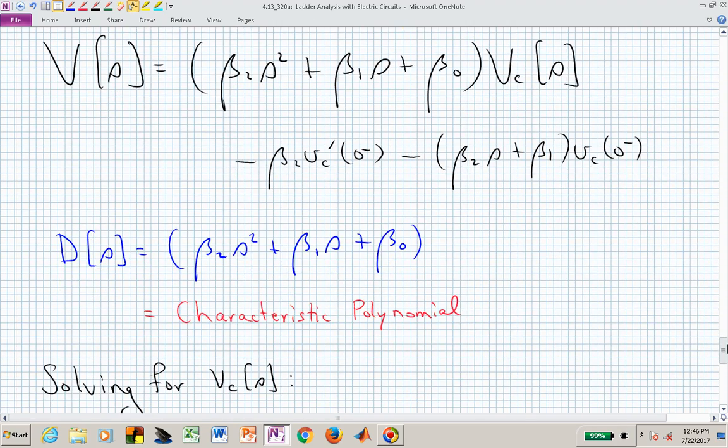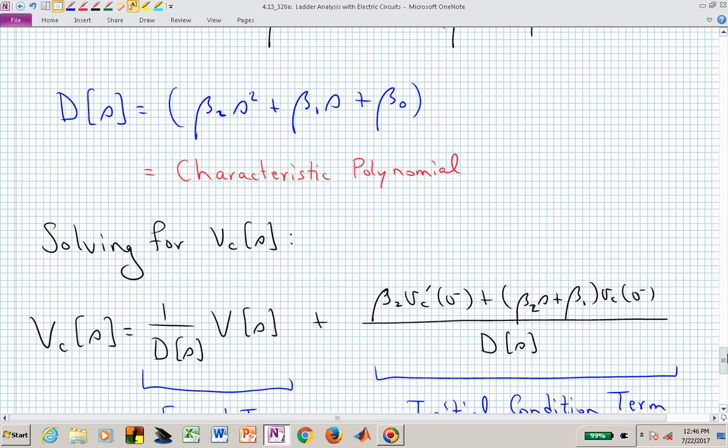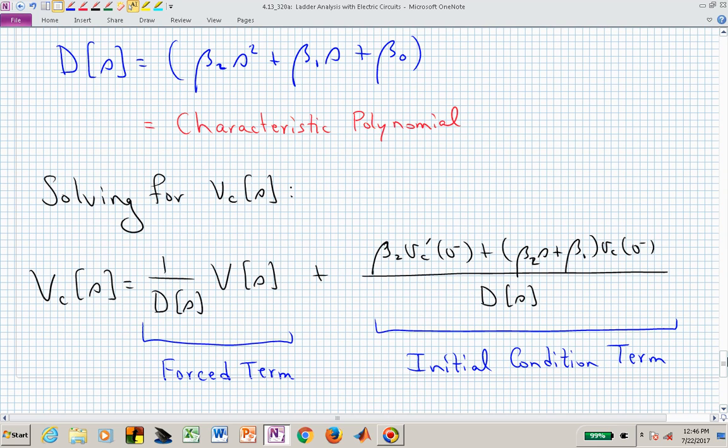If we now solve this equation at the top for V sub C of S, we can divide that characteristic polynomial through on both sets of terms. I'm now referring to V of S as one term and the initial condition pieces as a second term. We can then identify those particular pieces.